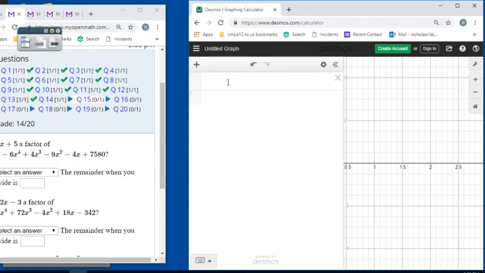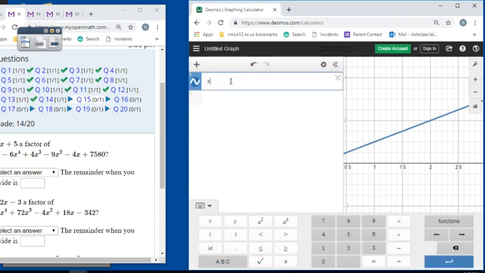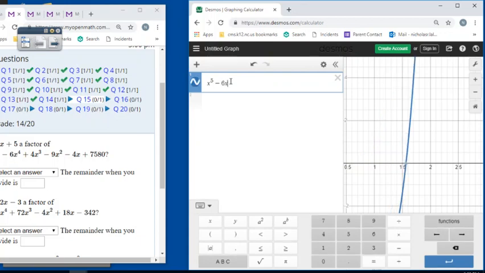Close out my previous functions, and now I have x to the 5th minus 6x to the 4th plus 4x cubed minus 9x squared minus 4x plus 7580.